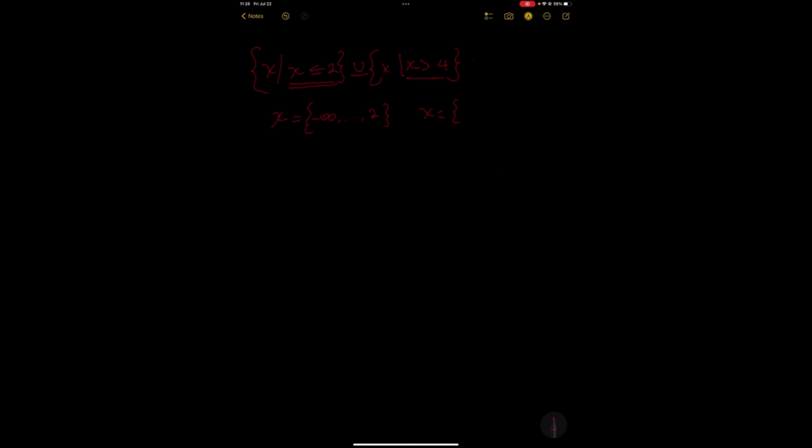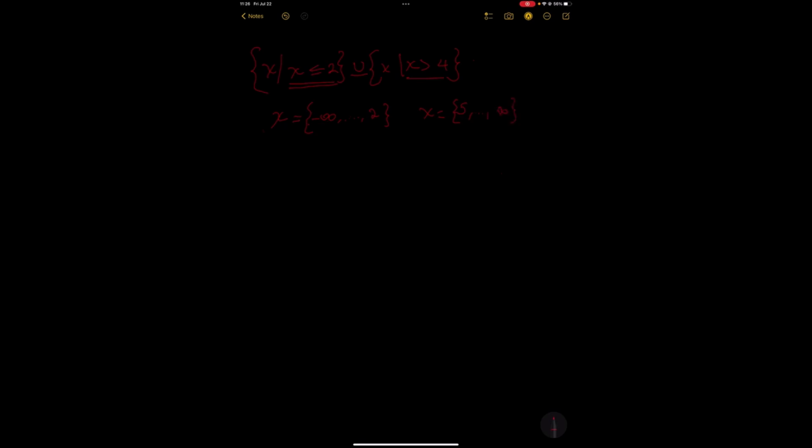If you had said x is greater than or equal to 4, then I would put 4 right here. But because x is greater than 4, 4 is not part of it. That means x goes all the way to positive infinity.